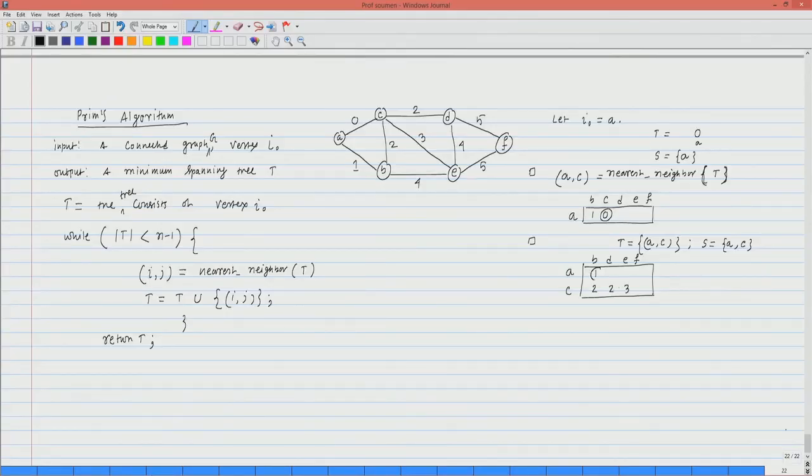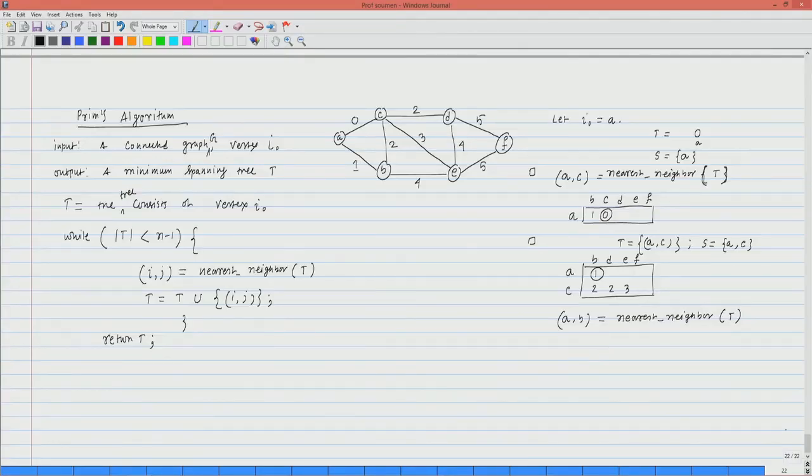So, the minimum one is this one. So, AB is the output of the nearest neighbor operation at this stage, the nearest neighbor of the current tree.